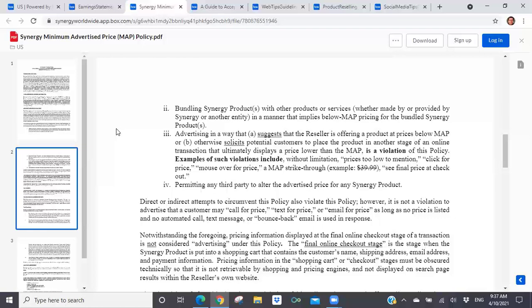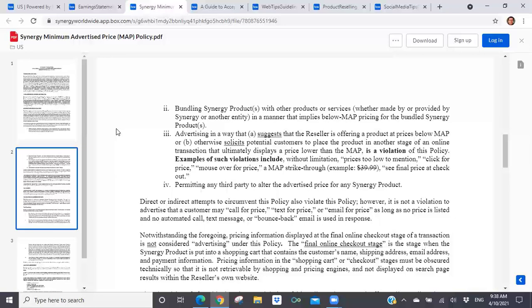For example, I have my own website, danhammerhealth.com, and I have to show what is called the minimum advertised price. I don't know why they call it MAP, but that's just their acronym. The MAP price, the minimum advertised price, is the wholesale price. So for example, on my website, if I show one box of Proaction Plus that a person can buy, I have to show that at $70 US.